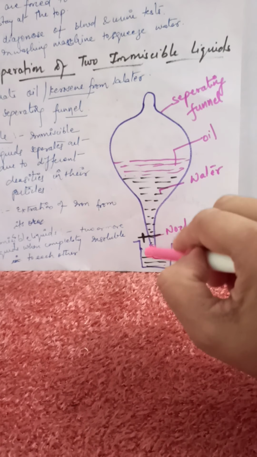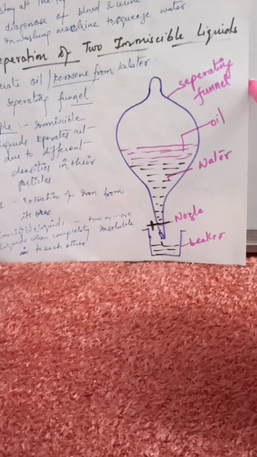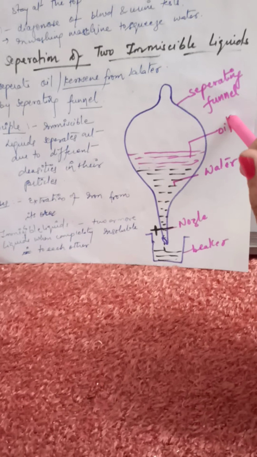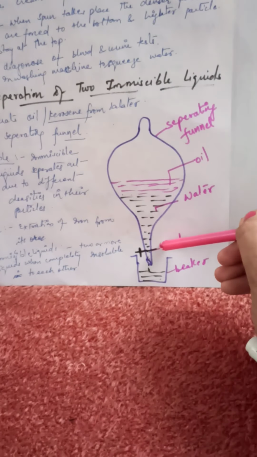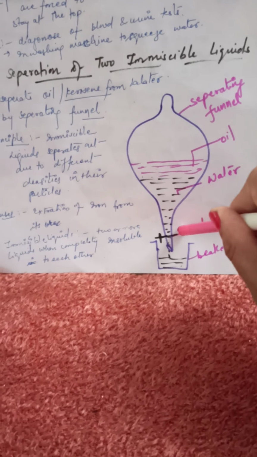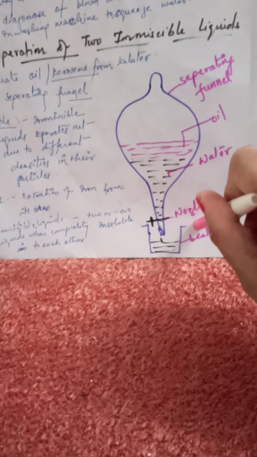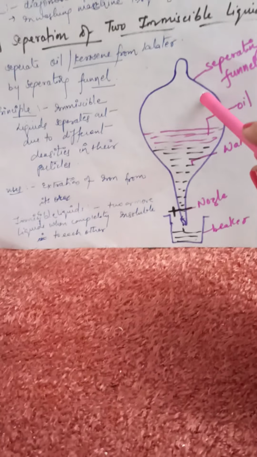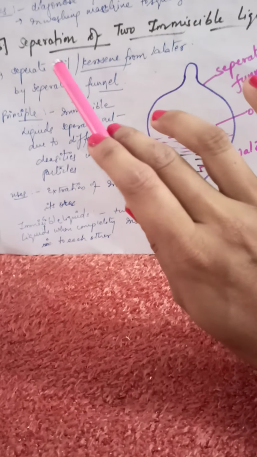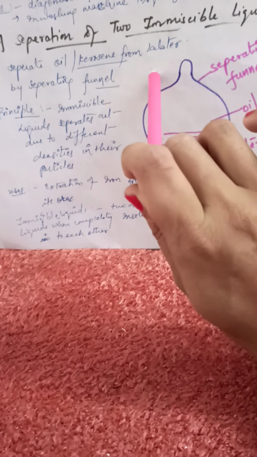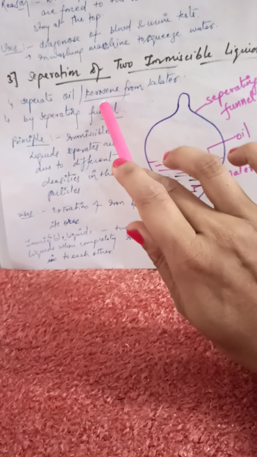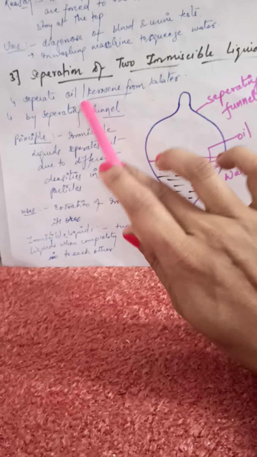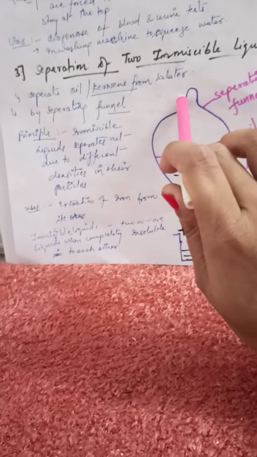In this technique you can see the diagram first. This apparatus is known as a separating funnel. This is a nozzle which regulates the flow of the component and the separation, and below this we place a beaker. Now first I am going to mix two immiscible liquids: water and oil or kerosene, because they do not dissolve in water.